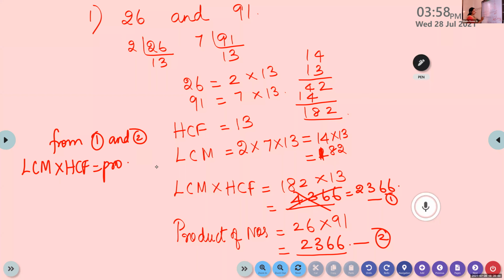After finding this, LCM into HCF and the product are both the same. Is it okay?